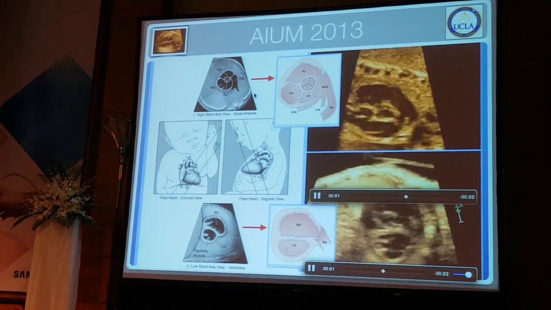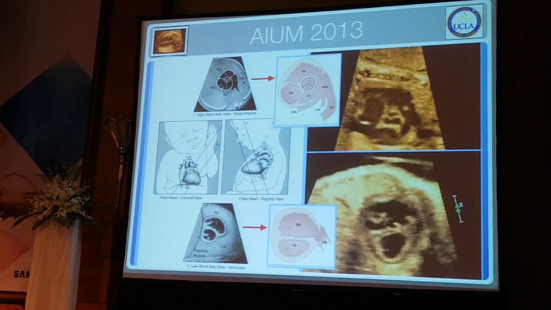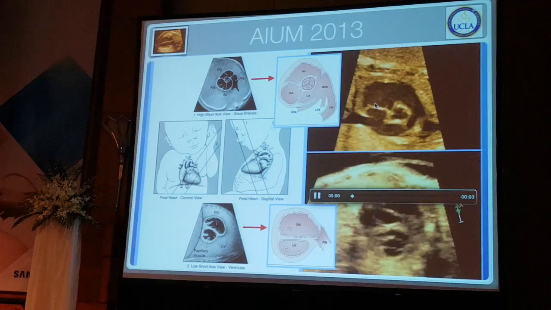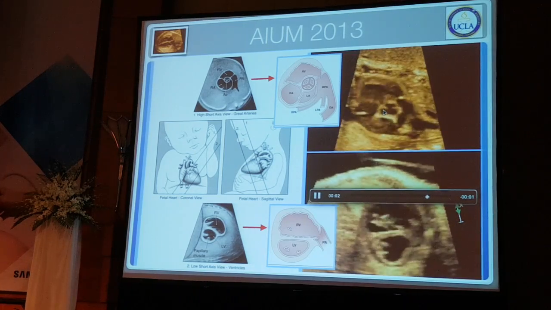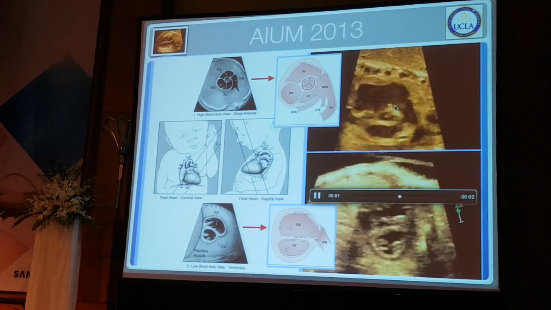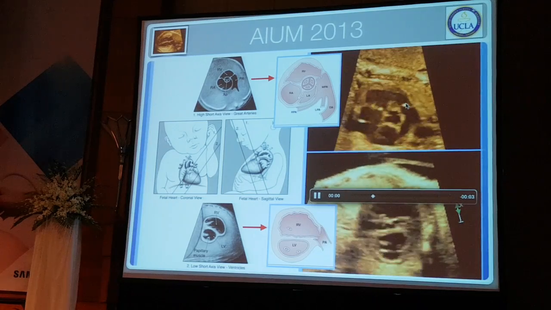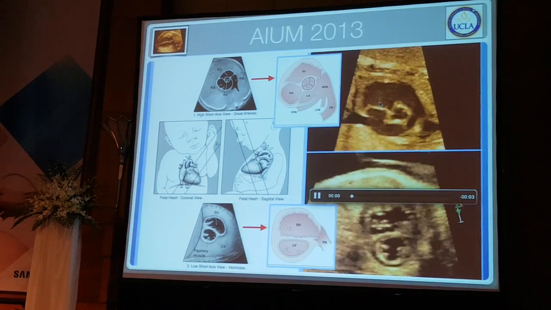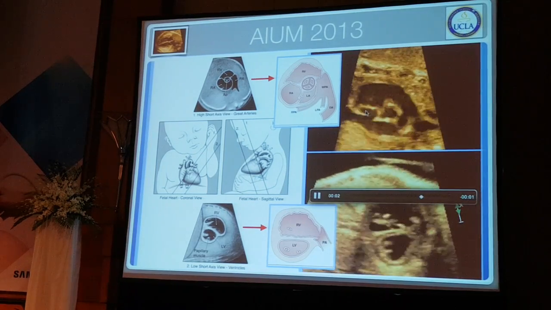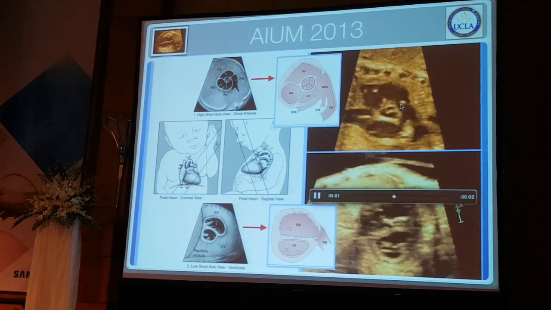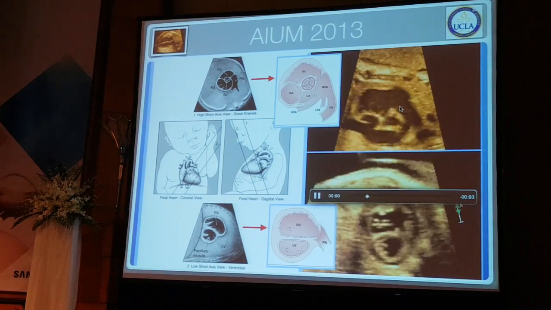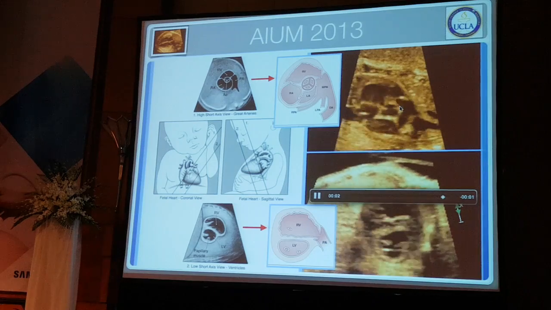And again, these are from the AIUM guidelines, but you can see a short axis view at the level of the base of the heart. You can see the tricuspid valve and the pulmonary valve. See how far they are from each other. That's a function of the conus in the right ventricle.